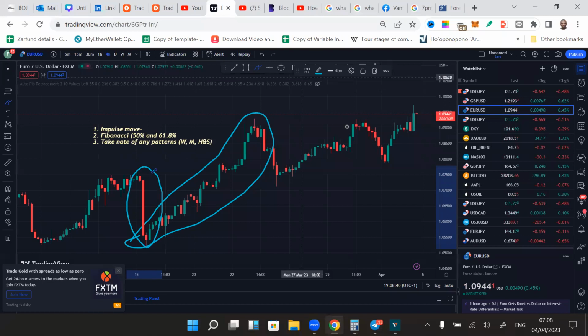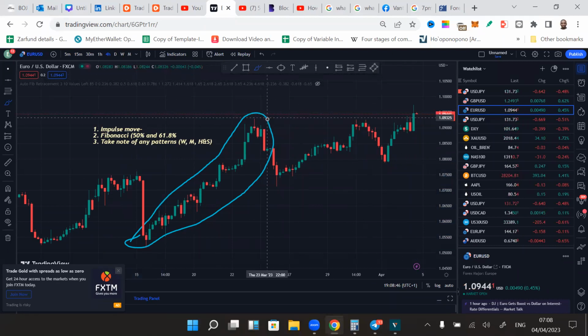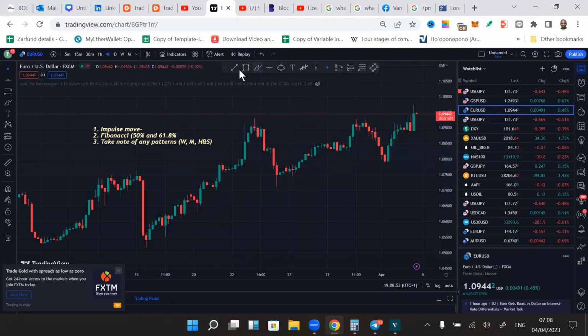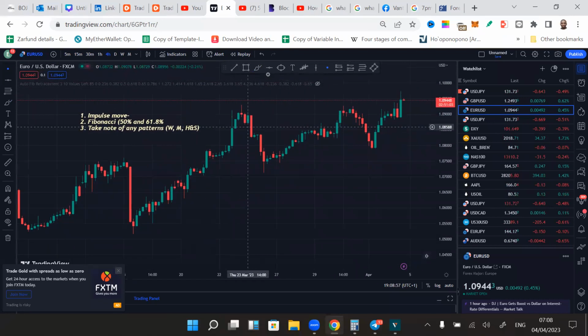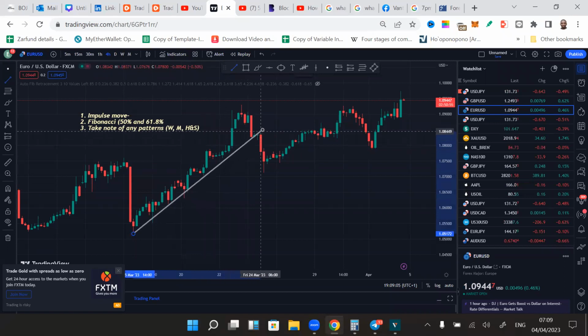So now when you look at this move right here, let's do something. When you take a trend line and draw it like this, you will see how it keeps going.